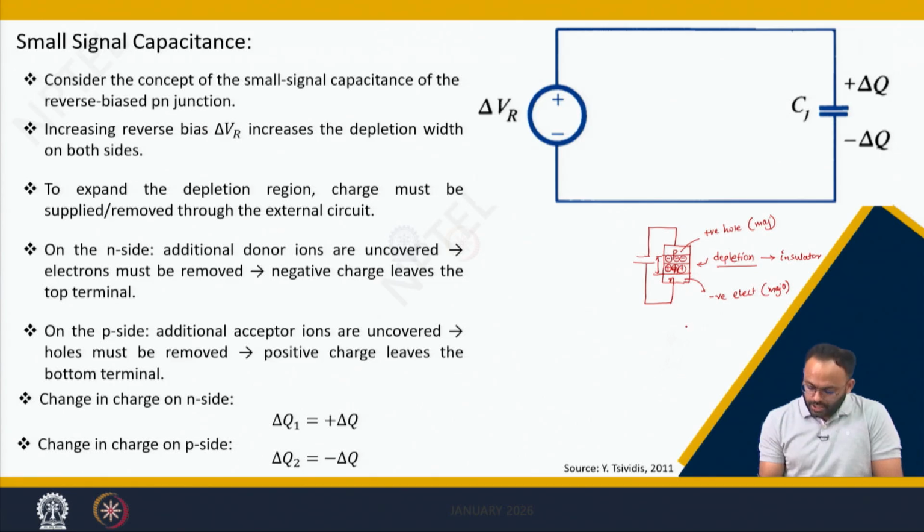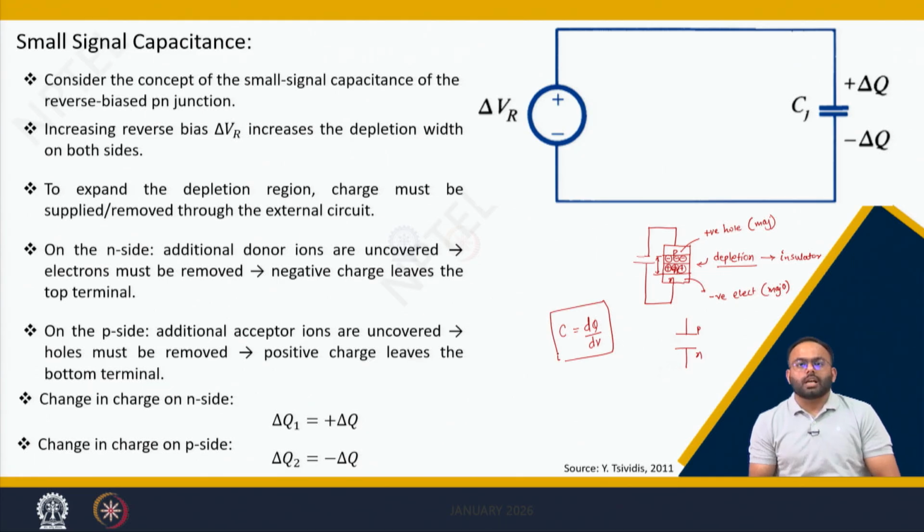So this configuration can be considered as a simple parallel plate capacitor, where one metal is made up of P, another metal is made up of N type semiconductor, and they are separated by a depletion region. So ultimately I can simply write C is nothing but change in charge per change in voltage. This change in charge per change in voltage gives me the small signal capacitance of the PN junction.